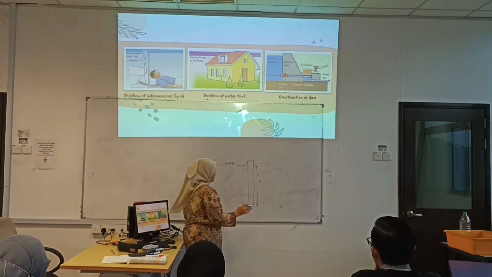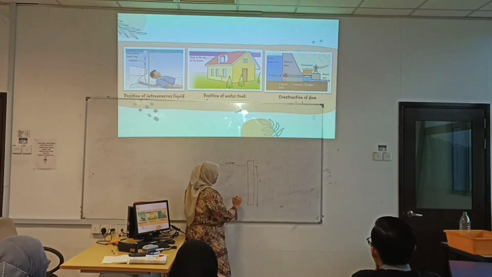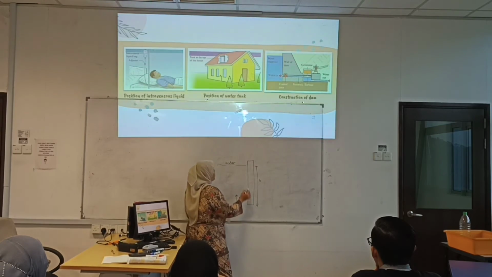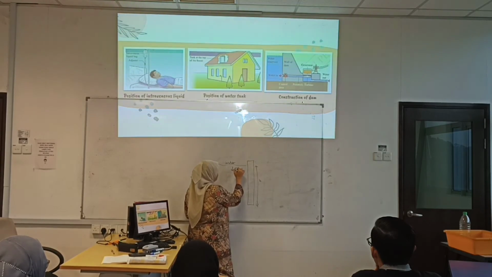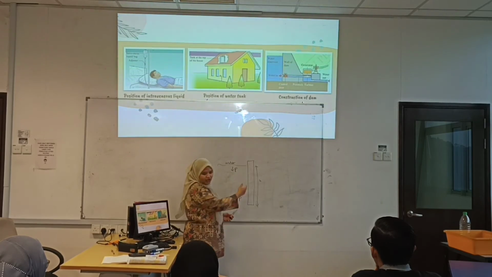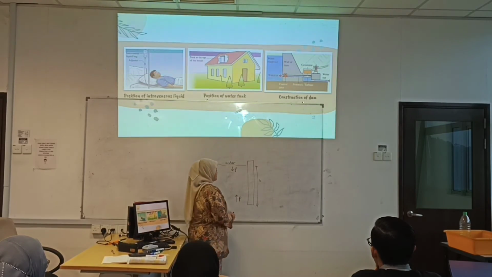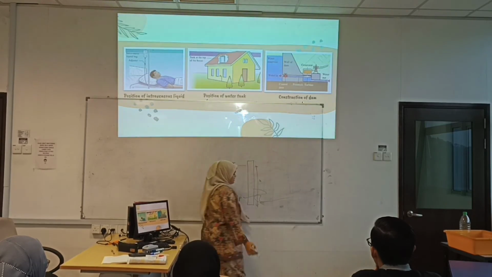Yes, it will break. Because here we have high pressure compared to the upper one. The surface of the water will have much lower pressure. If the pressure is high, then this wall of the dam has the tendency to break down. Then the water will fly away.